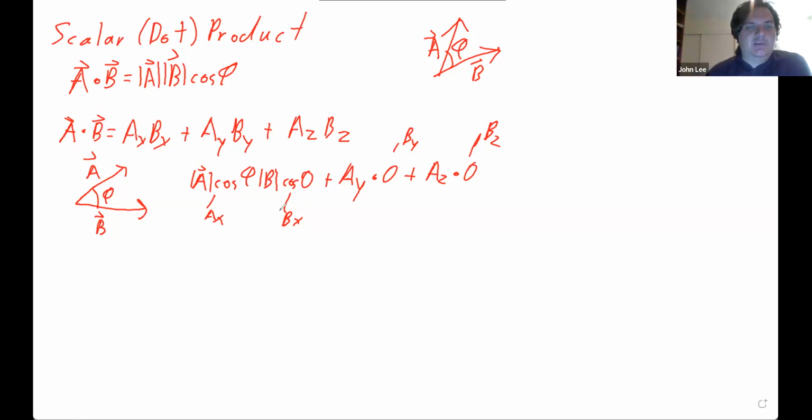So cosine of 0 is 1. So this ends up being A B cosine phi.